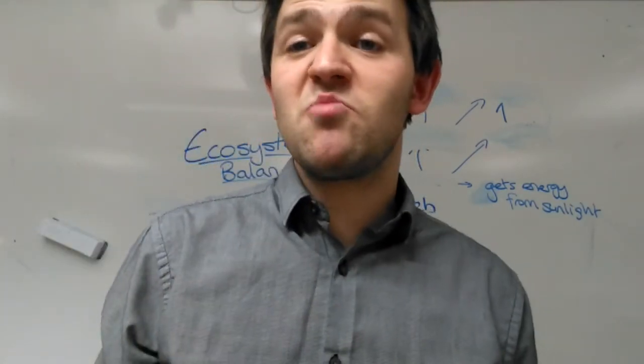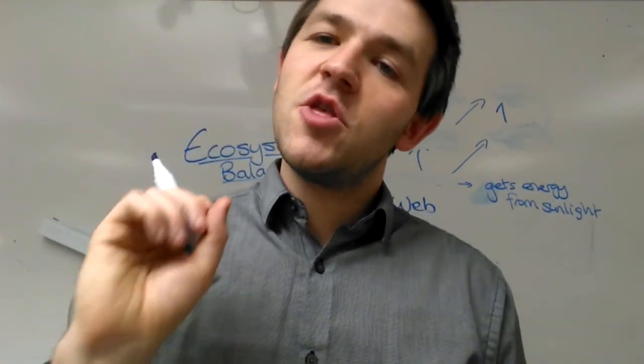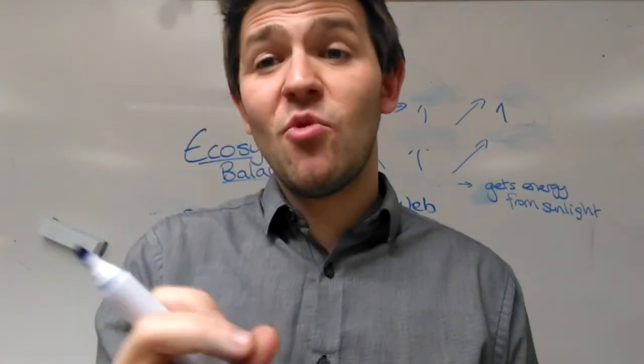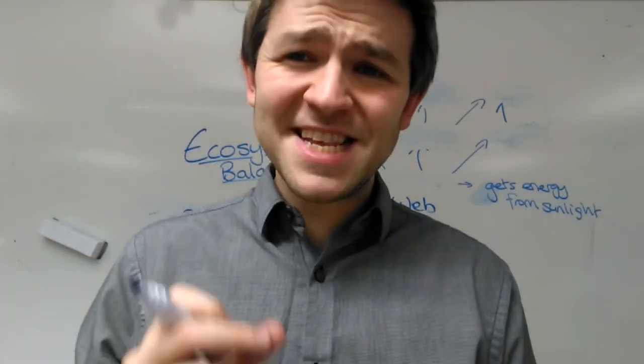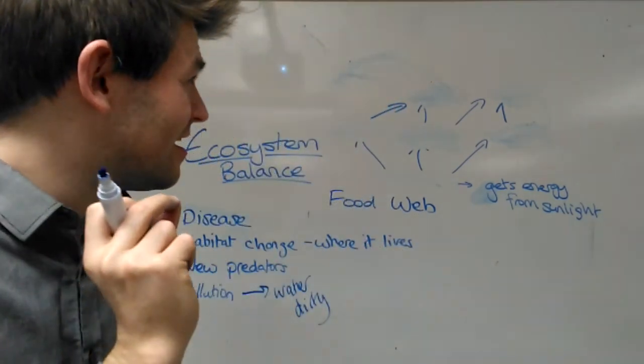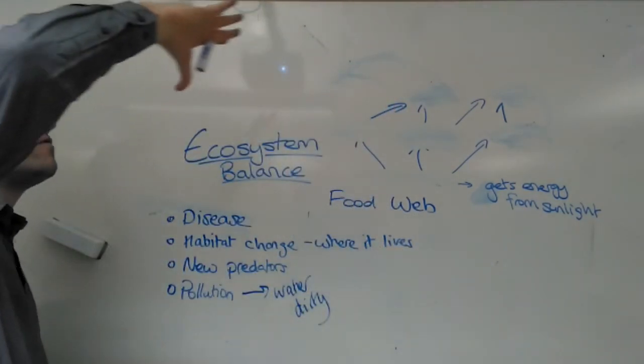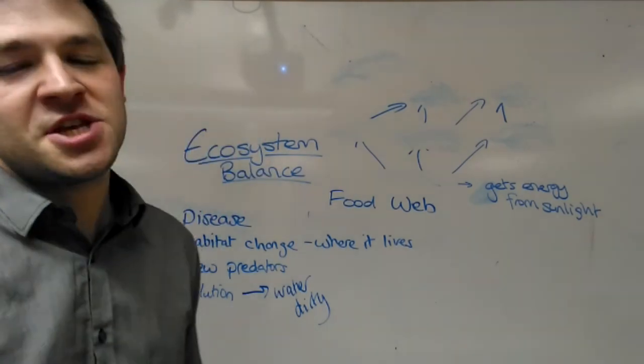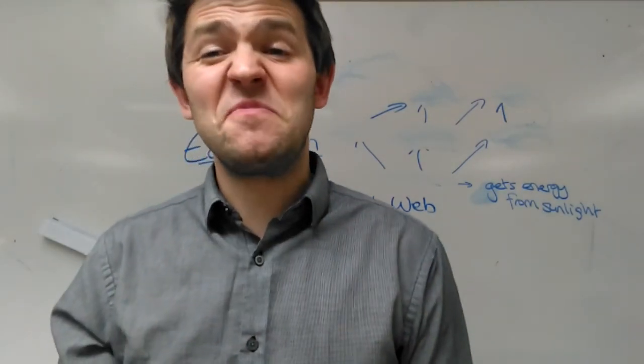Whole ecosystems break down. The plants are the most important part of the system. The plants need to survive so that we can have the whole food chain and the whole ecosystem. They're the source of food for everything.